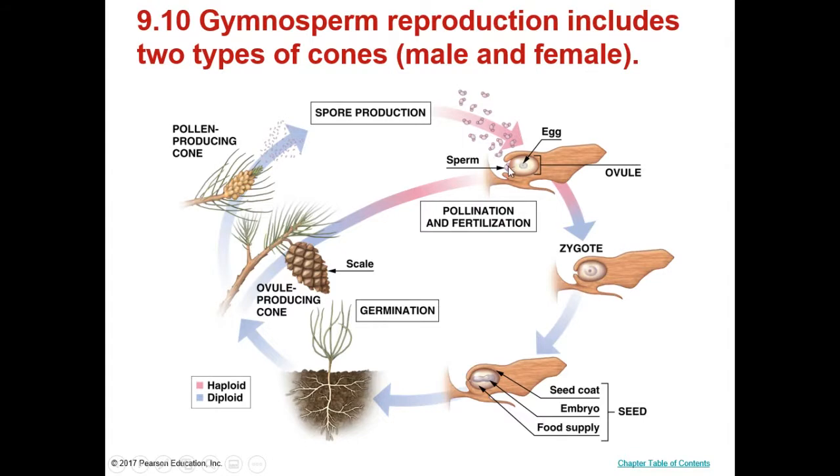It lands on the ovule and produces a zygote, which is the diploid stage of the plant. Once mature, that diploid plant goes ahead and produces these ovule cones that are able to receive pollen from other plants or even from the same plant. Again, alternating generations between haploid and diploid stages.